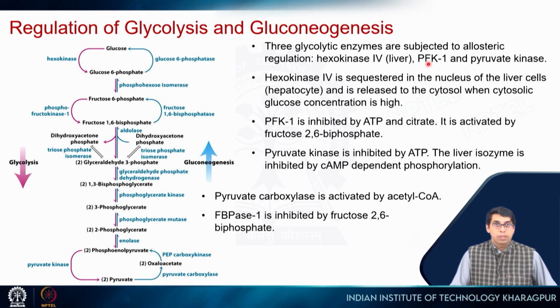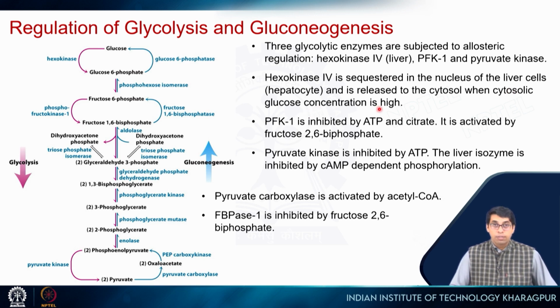PFK1, phosphofructokinase 1, is also allosterically regulated, and pyruvate kinase is also allosterically regulated. So, these are the exact 3 steps which are irreversible, and those 3 steps are allosterically regulated. Okay. So, what is the regulation? Hexokinase 4 is sequestered in the nucleus of the liver cells, also called hepatocytes, when there is no need of glycolysis, and it is released to the cytosol when cytosolic glucose concentration is high.